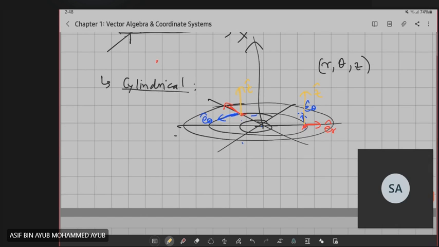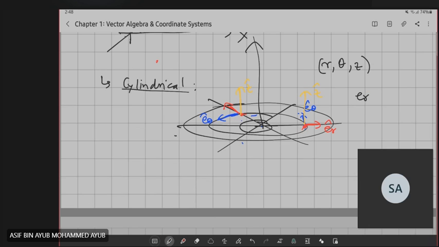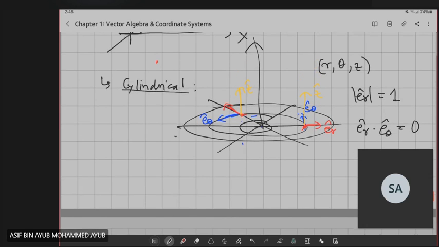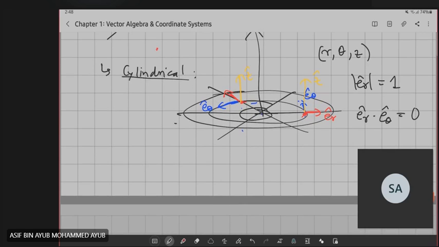Again, these are all orthonormal coordinates. So E_r has unit length 1, so does E_theta, so does E_z. And if you take the dot product between any two different basis vectors, you get 0. And this is nice. Now, the conversion is similar.